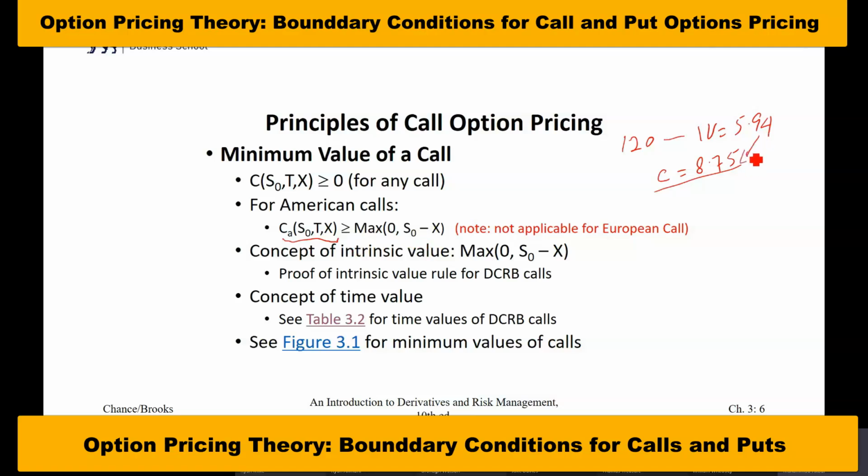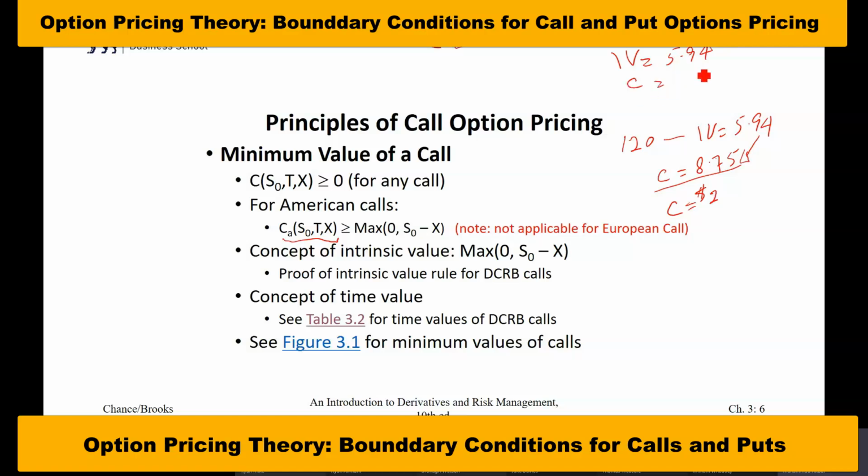We have proven this. But just suppose the call is trading at a price of $2. The intrinsic value of this call with an exercise price of 120 is 5.94, and we are saying that the call price should always be greater than or equal to the intrinsic value.